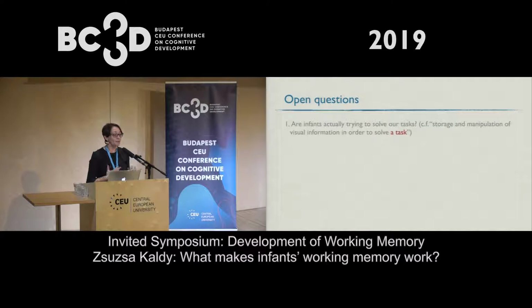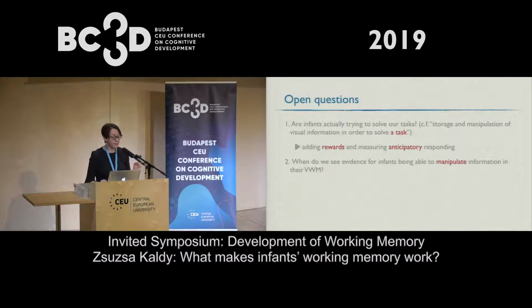Are they working on them in the sense that we want them to work in a working memory task or not? And I'm going to do this by presenting you with a paradigm that we developed where we added rewards to the paradigm, and we're measuring their anticipatory looking. In the second part, I'm going to show you some evidence that we actually can see manipulation as well at this age, or in infancy.